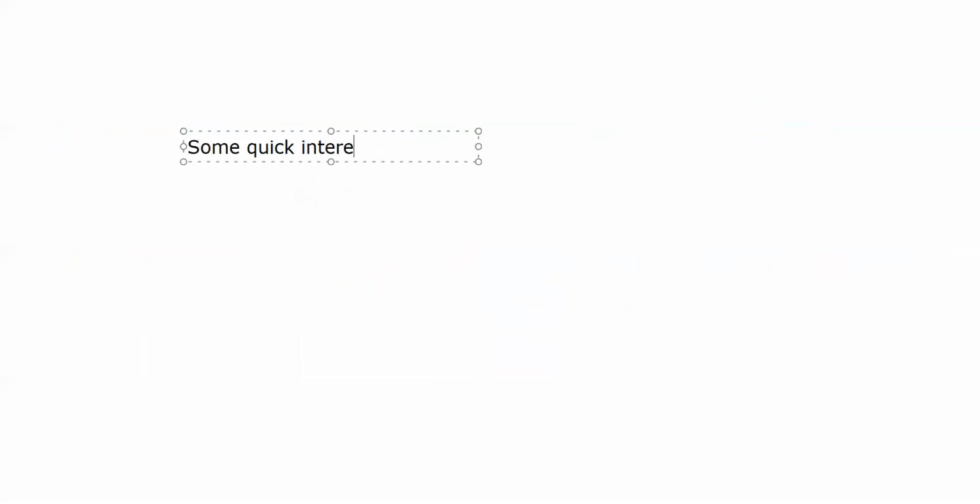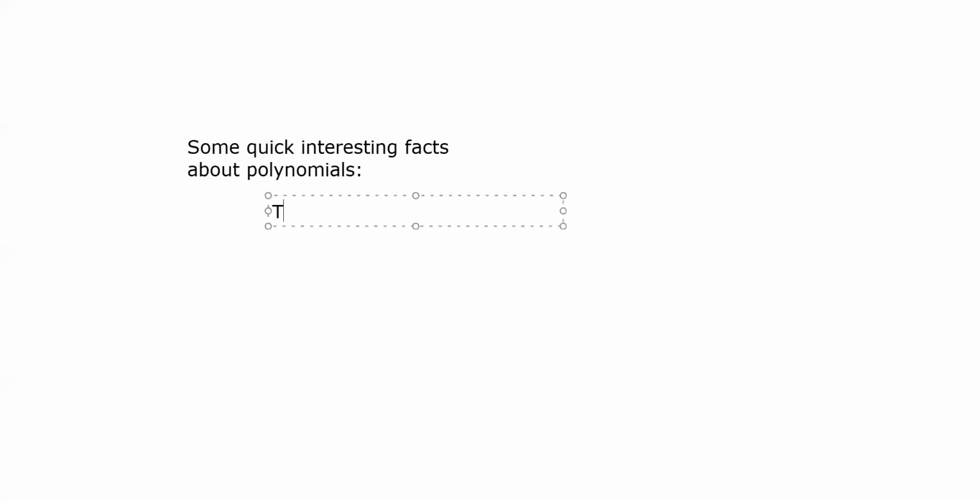Some quick, interesting facts about polynomials. As long as something fits the bill and is a true polynomial, the following facts will be true. The domain of any polynomial is all real numbers.